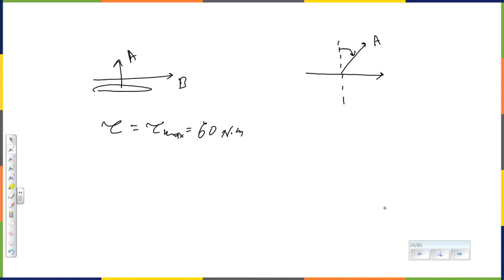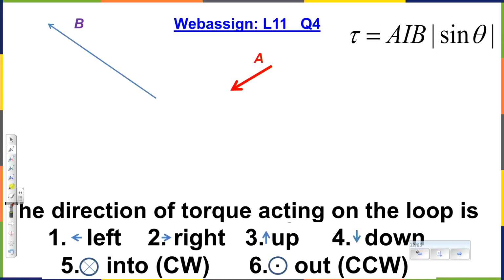This is the new orientation of the loop. This is how we turn it by 30 degrees. Theta equals 30 degrees. That's the same magnetic field, which is 0.2. And my torque now should be equal to maximum value times the sine of theta. That's how we used to write it before, remember?